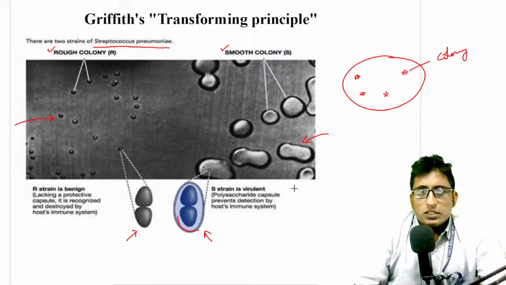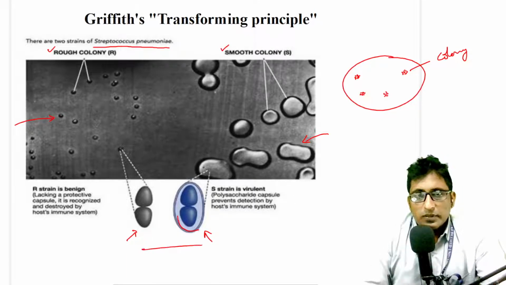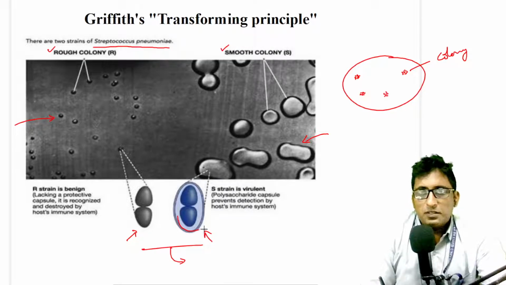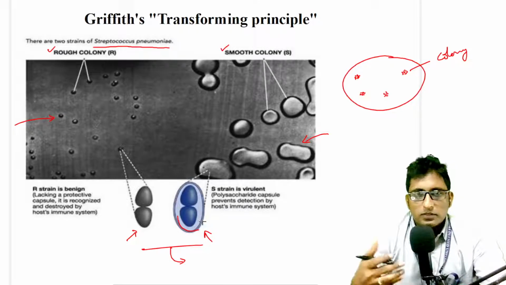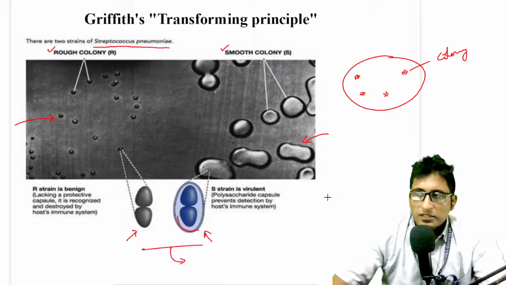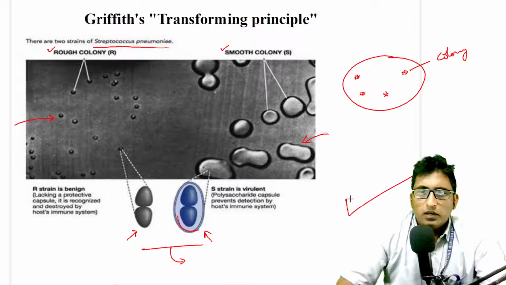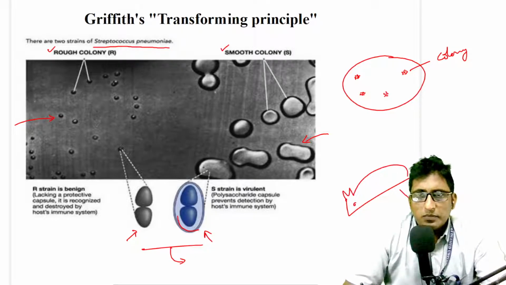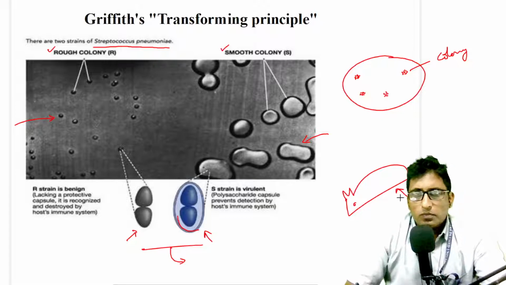That is why this was a good model organism at that time to perform several experiments, because there is a difference in the way they cause disease in test animals. Say we take a mouse and inject this bacterium into it. There is a probability that the mouse could catch an infection, septicemia.